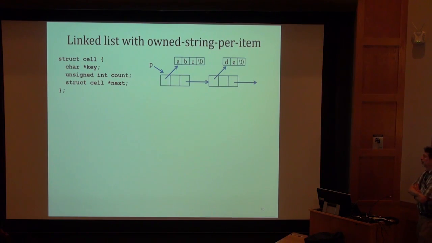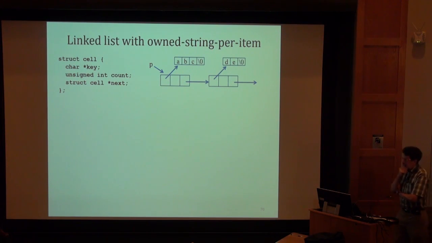And when we want to represent this array of strings, we have to decide: are these string pointers shared with some other data structure, or is each string pointer owned by the linked list cell? Because there are different ways of programming this pattern in C, and we have to decide which way we meant. So suppose we mean that this string should be locally owned by the list cell.